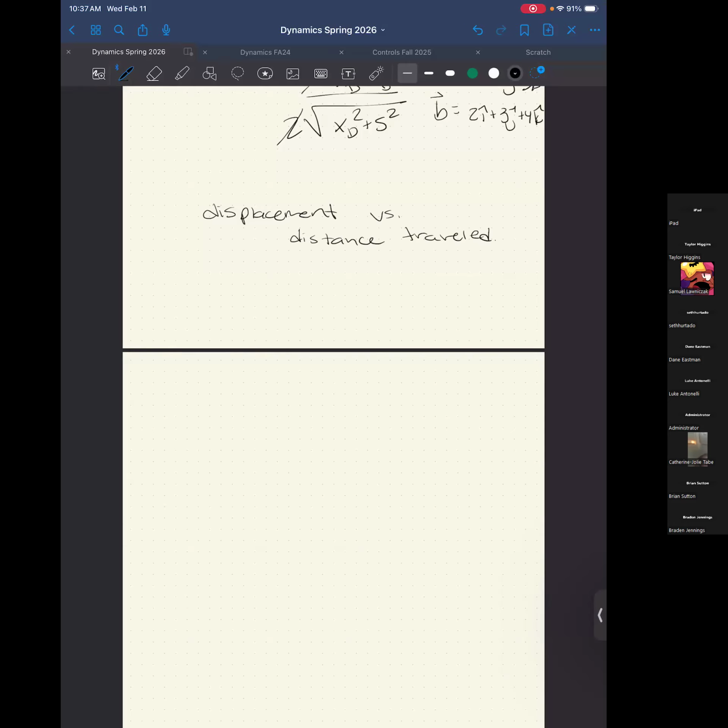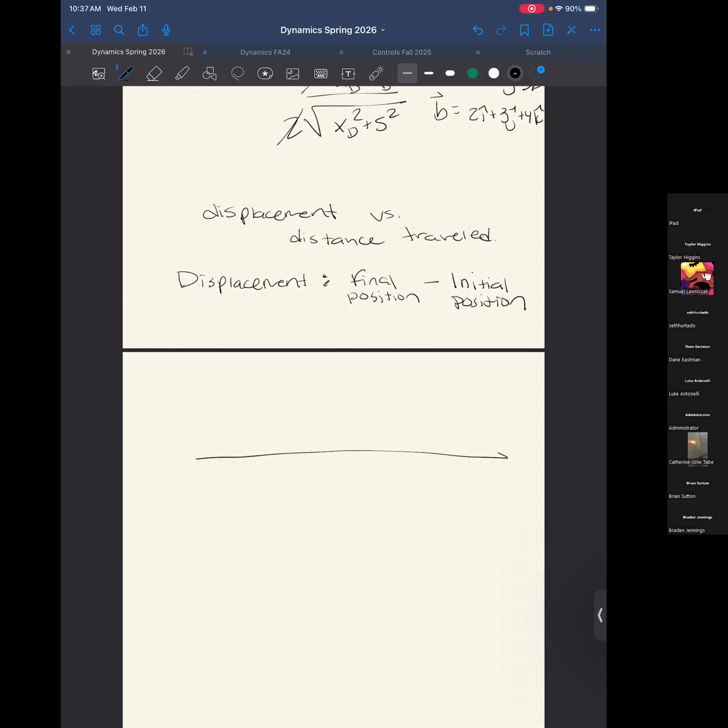You're asked two different things, displacement versus distance traveled. So displacement is final position minus initial position. So it ignores everything that happens between the two.